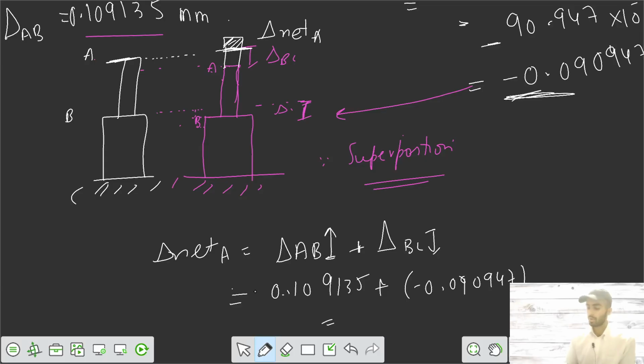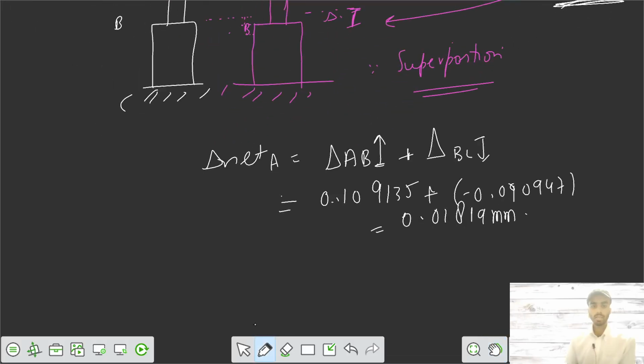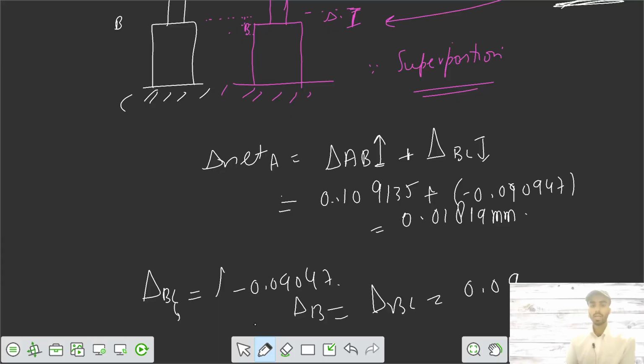So the final displacement of point A is 0.01819 mm. And the displacement of point B is easy. Delta BC has been shortened by an amount of minus 0.09047. Since C is not going anywhere, delta B equals delta BC equals 0.09047 mm downwards.